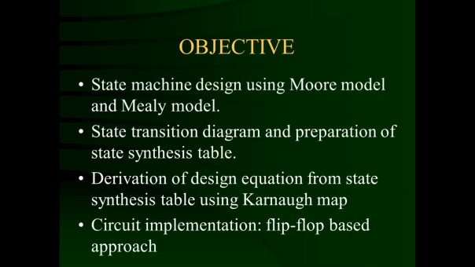Then comes derivation of design equations from the state synthesis table. After the state transition diagram, you prepare a state synthesis table, and from it you can derive a design equation, that is a logic equation, a Boolean equation, using a Karnaugh map.